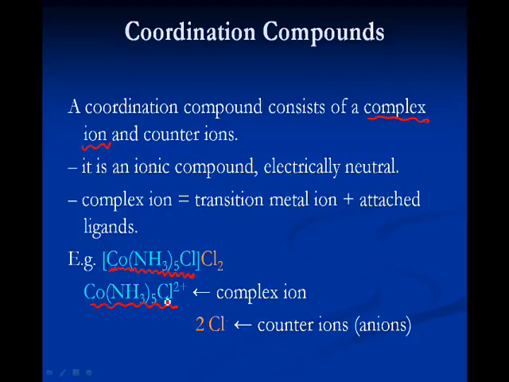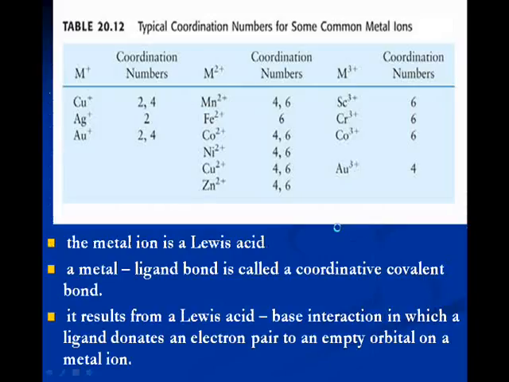They may either have a positive charge or a negative charge. Here you see copper with a coordination number of 2 or 4. Now that's copper with a charge of +1. If you see copper with a charge of +2, its coordination number is 2 or 6. So it says often the coordination number is twice that of the charge.